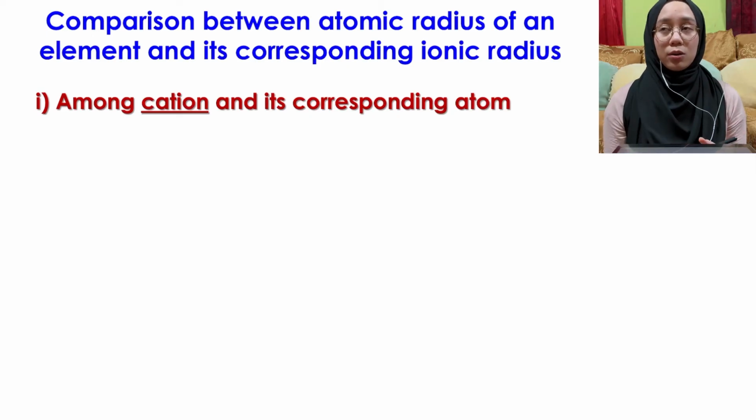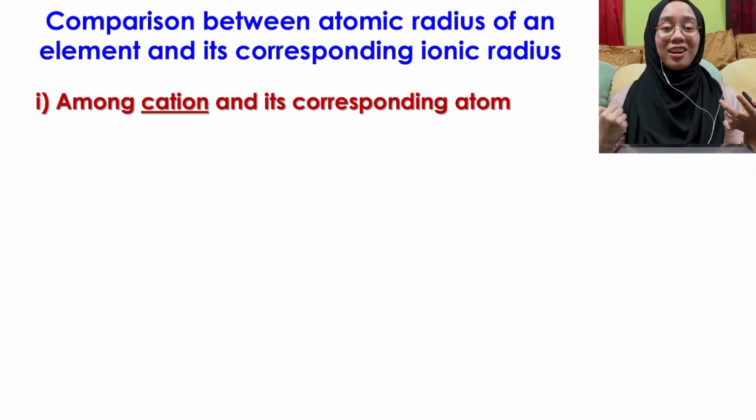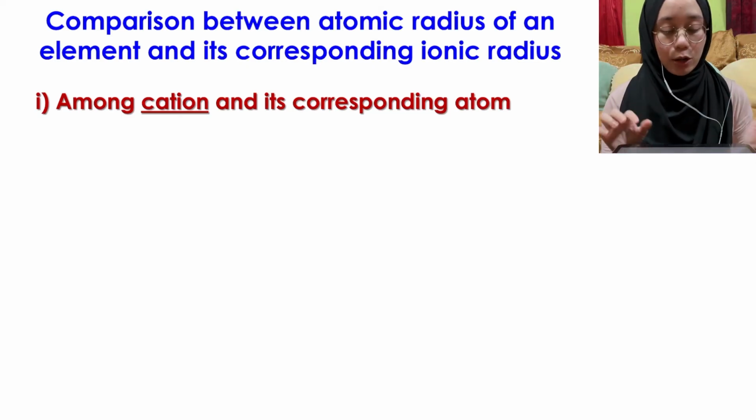Meanwhile, the one yang negatively charged particle, anion, dia gain electron. Okay, so kena faham konsep tu. Itu yang paling penting sekarang ni. So baru kamu boleh try figure out, try tengok, try untuk fahamkan points yang kita akan tengok lepas ni.